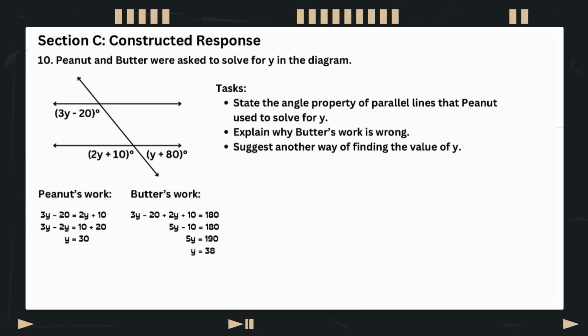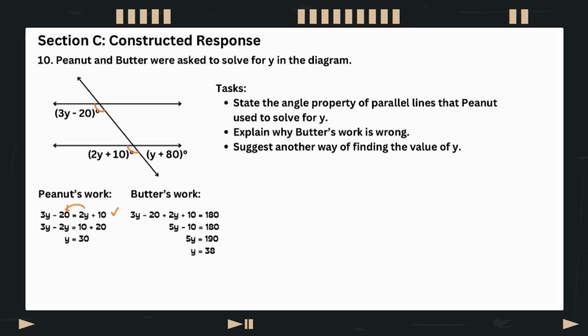So if you take a look at Peanut's work, she wrote here that 3y minus 20 is equal to 2y plus 10. So this angle is equal to that angle, which is correct. So let's take a look at her work. She transposed 2y to the other side of the equation, making it negative 2y.